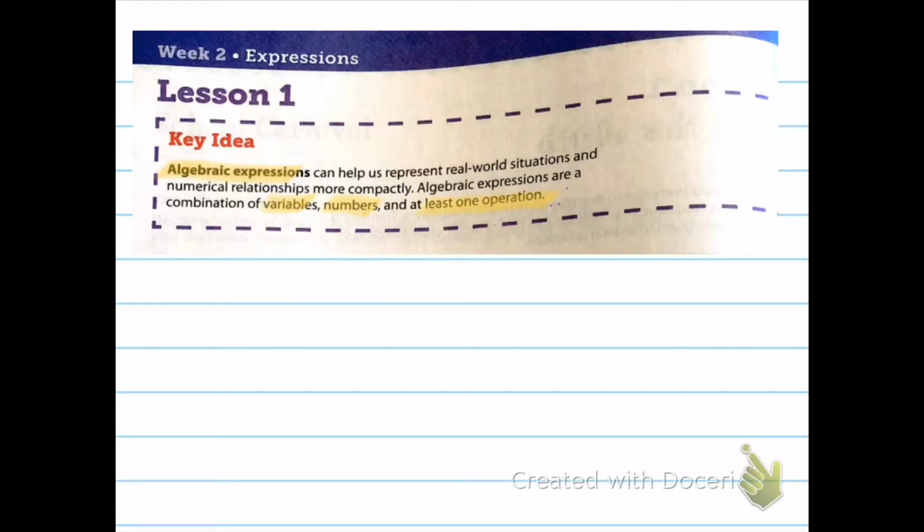Well, I've taught you what a variable is. Remember, a variable is a letter in math that represents a number. So it could be an X, it could be a T, it could be a Z, it could be an R, but it represents a number. So then if you go back up to your definition, you have variable and a number.